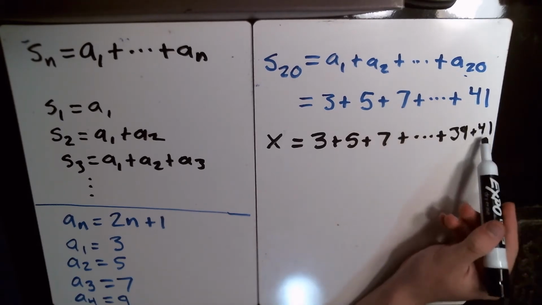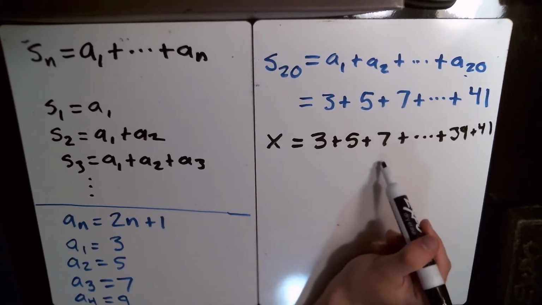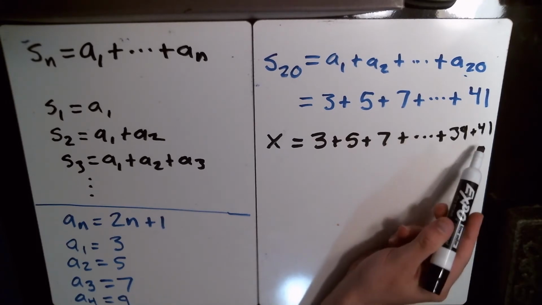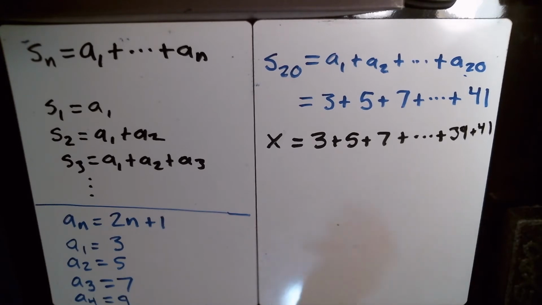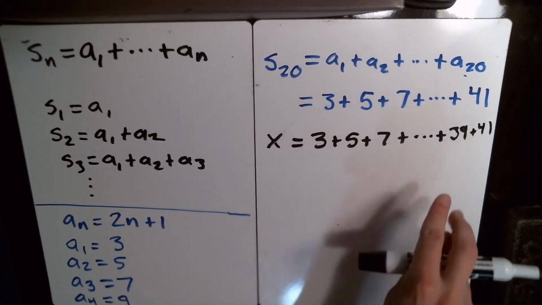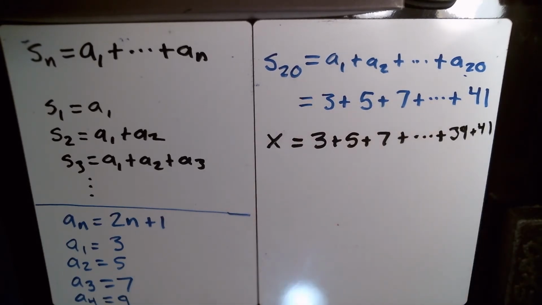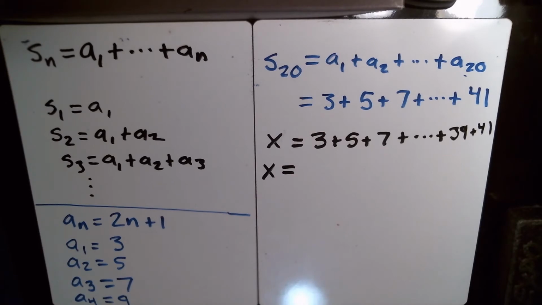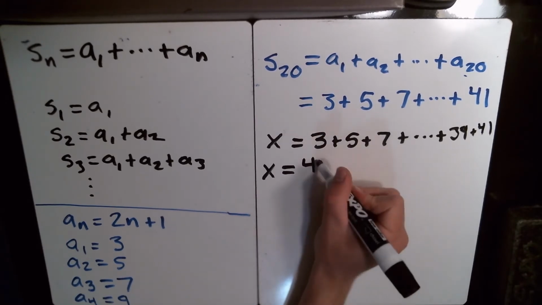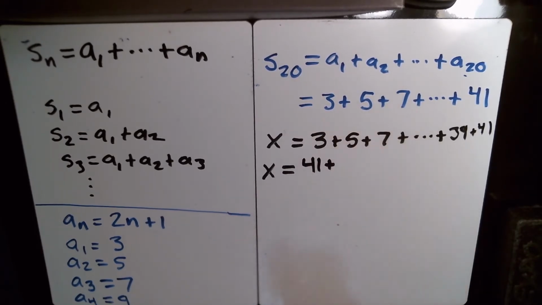I went down 2 because every time I'm going up 2, right? And so the one before it would be down 2 from the previous one, right? And so the idea is, you can write X in a backwards order, right? You could add these up in a backwards order and it would be the same thing. This is a really clever thing to do, we're just going to write these backwards, okay?